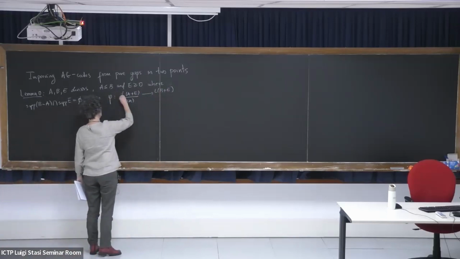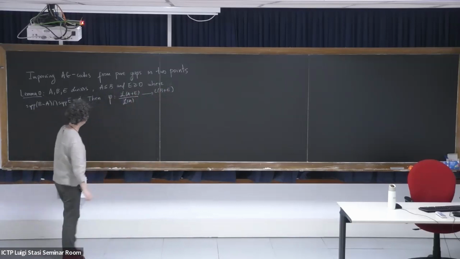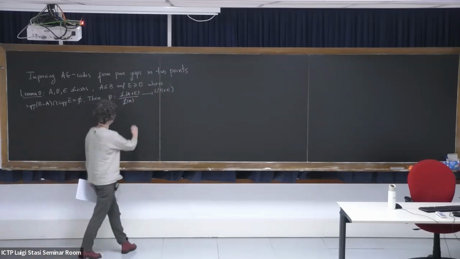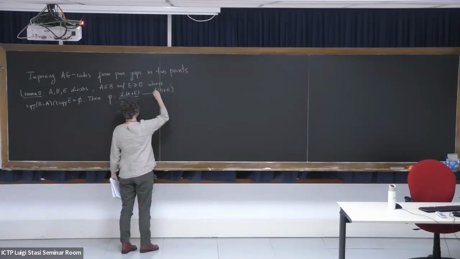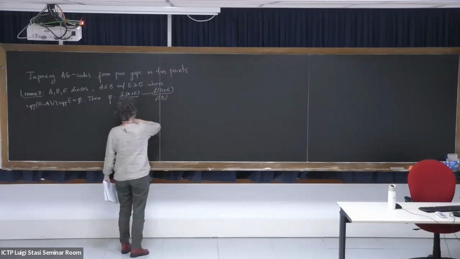This is the Riemann-Roch space associated to the divisor A plus E. And so we have the quotient here. We just proved yesterday this was injective.